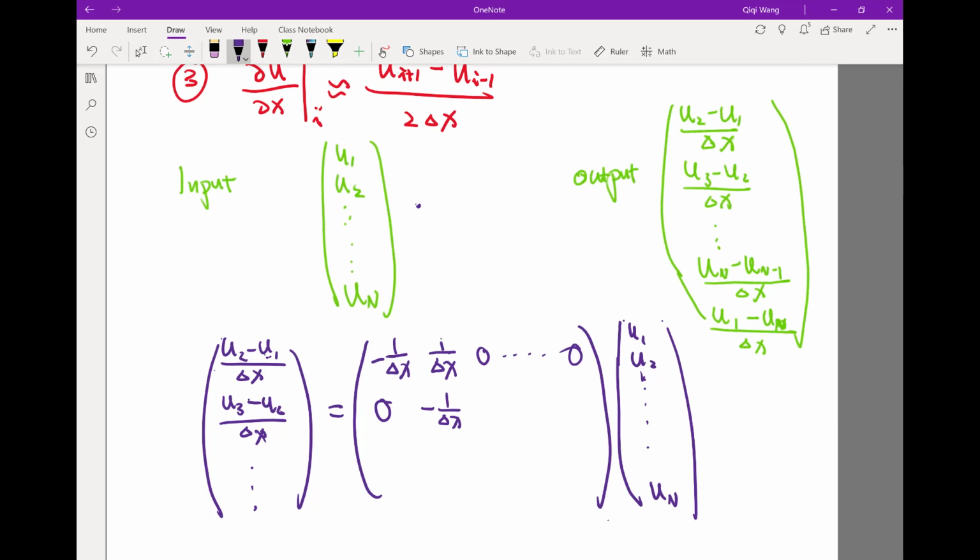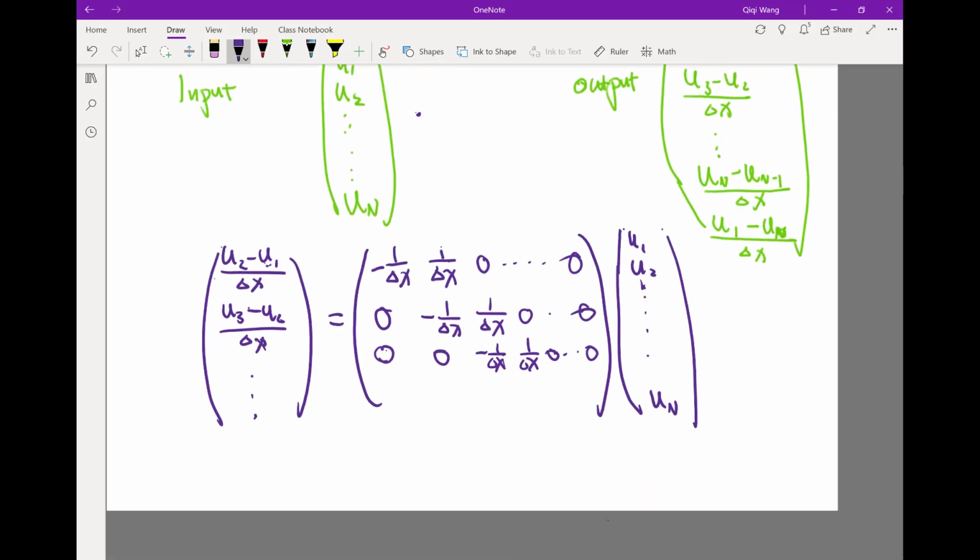And u3 actually fulfills the same role as u2 in the first row. So we have plus 1 over delta x, and the rest is all 0. Now you can see that the third row is also pretty much the same, except it is shifted by one more item. So I have 2 zeros, I have minus 1 over delta x, I have 1 over delta x, and a bunch of zeros.